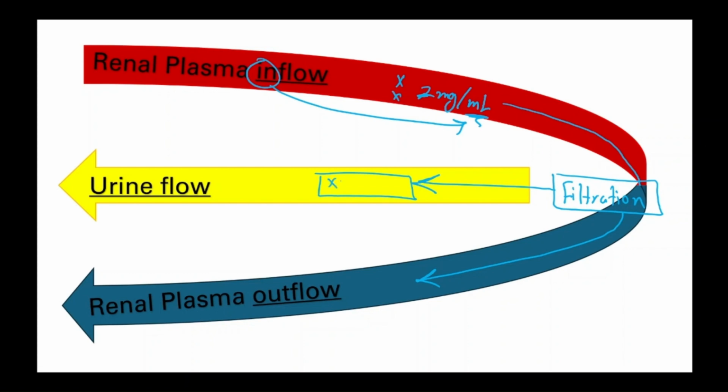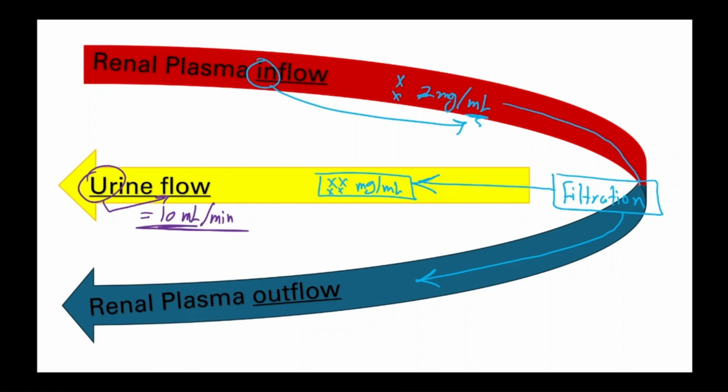So let's say that the concentration of the same substance X in the urine is 4 mg for each milliliter. And assuming that the urine flow equals 10 ml for each minute.